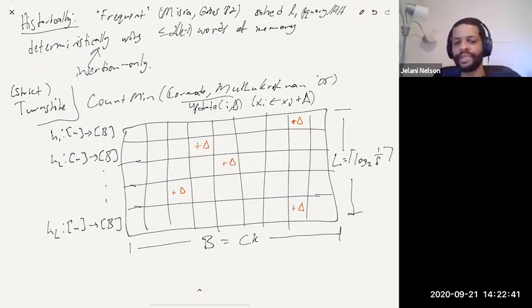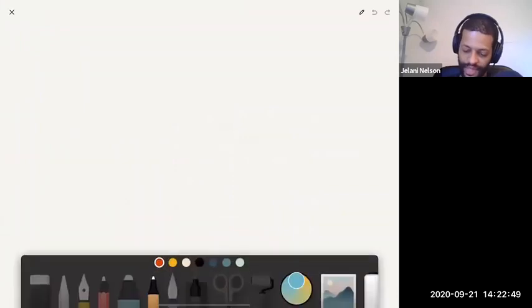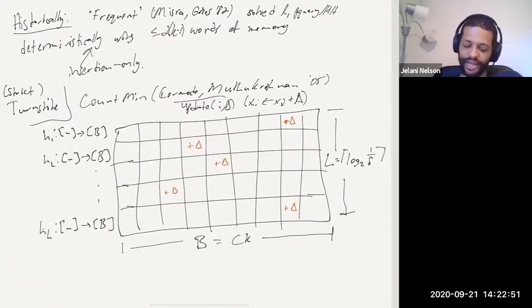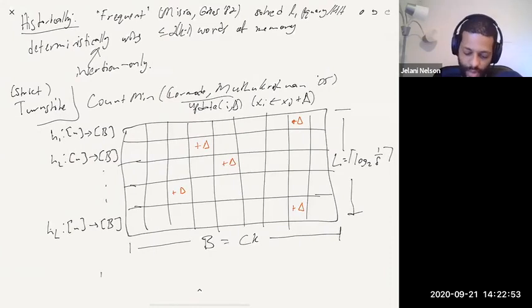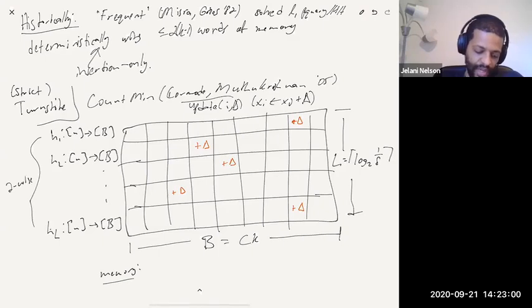Now, I would like to point out that this is a linear sketching algorithm. Why is it a linear sketching algorithm? Because what I'm storing in memory is this grid of counters. And all these hash functions are drawn independently from a 2-wise independent family.